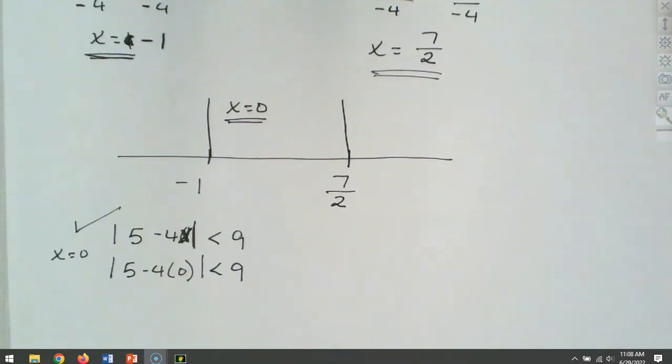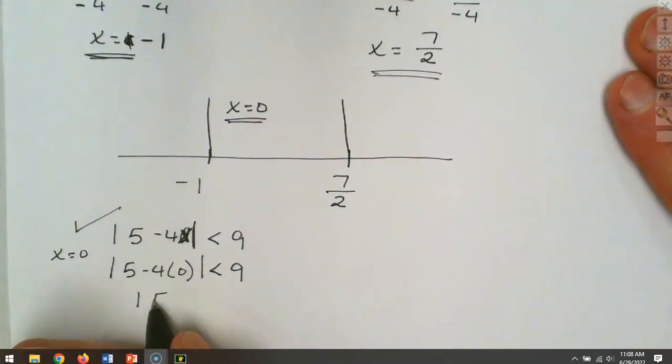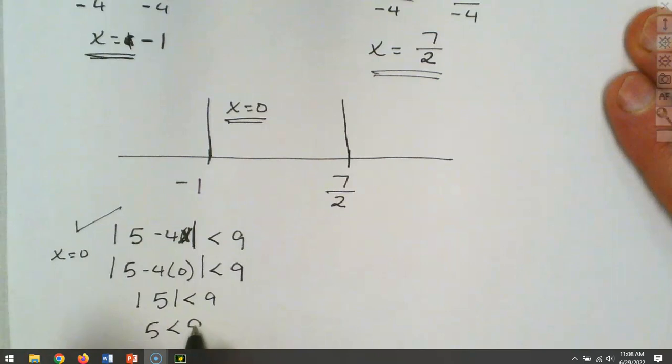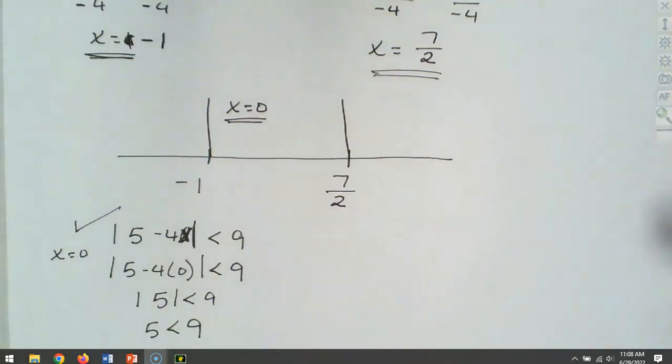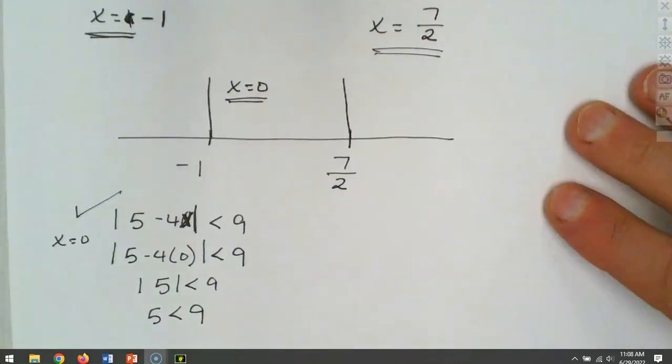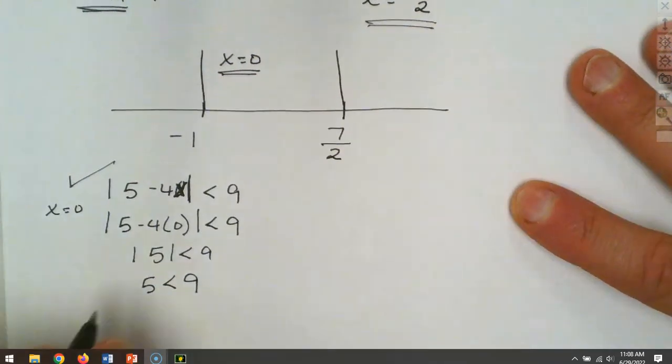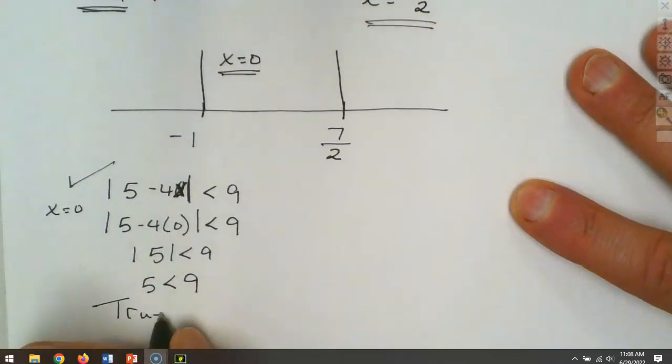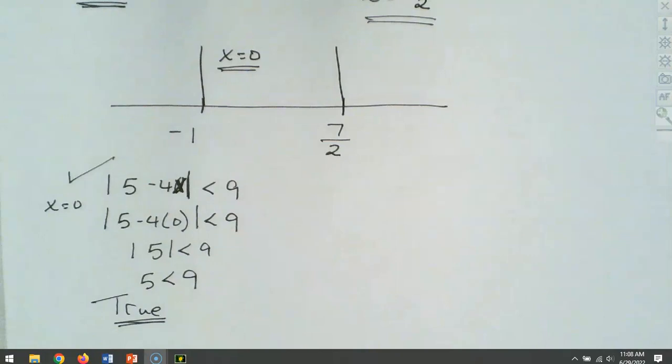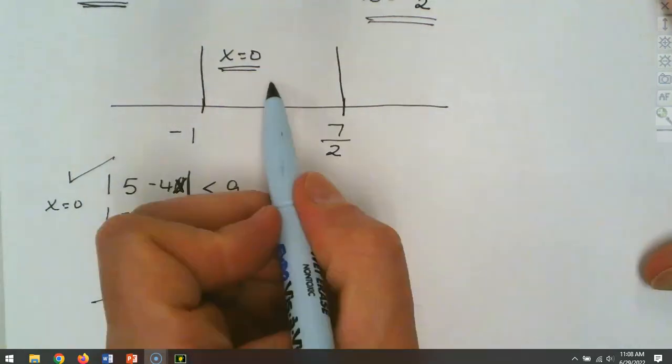And 5 minus 0 is 5, and the absolute value of 5 is still 5, and is 5 smaller than 9? Yes, that makes that then true. So, if that is true, now what do we know? All right, we know it's true in the middle.